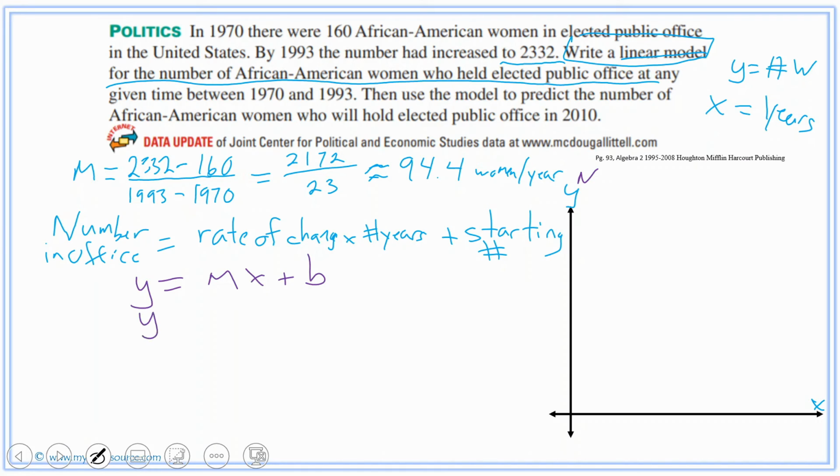So what is your slope? 94.4 approximately. You could use t and N if you want, N for number, t for time in years, plus your b, which was your starting point. That was the amount of people you started with, which was 160.